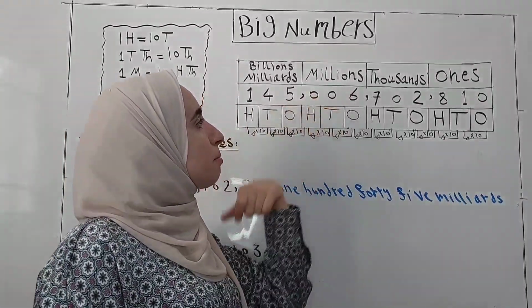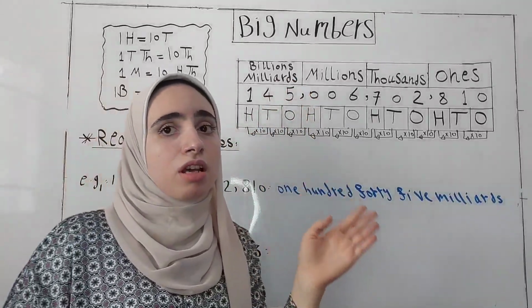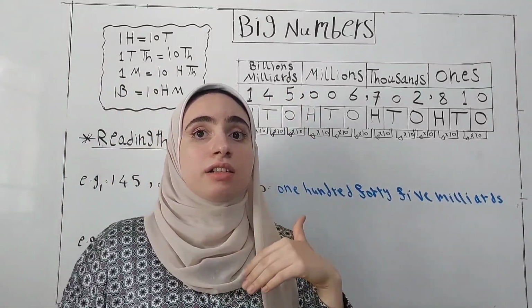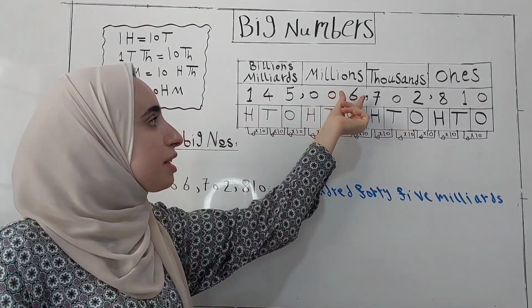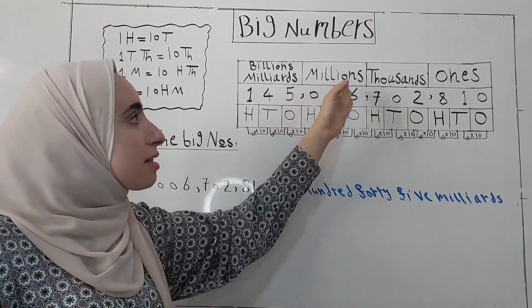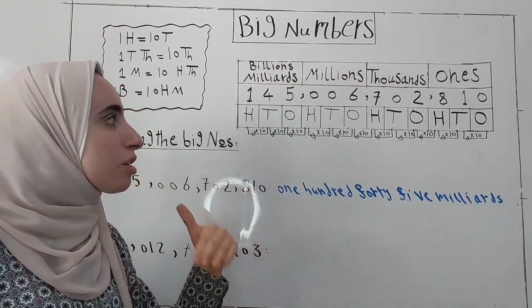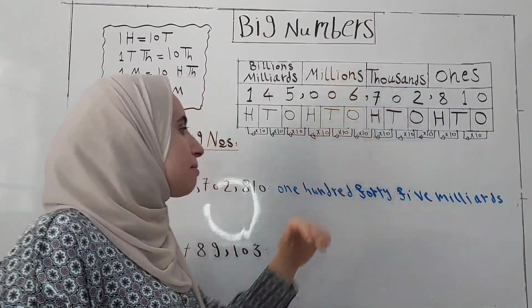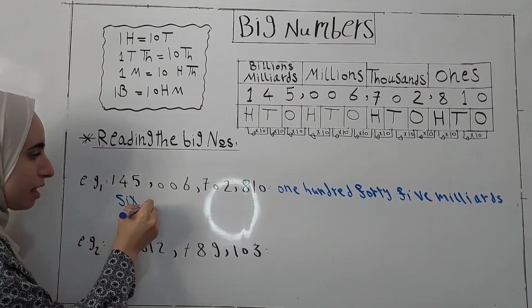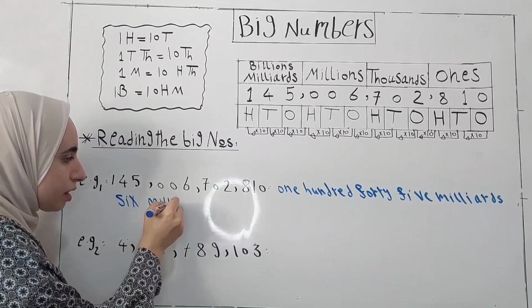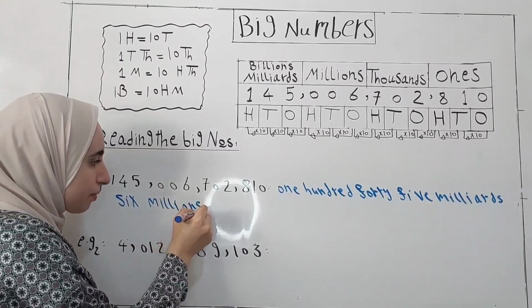We have 2 zeros on the left, and when we have 0 on the left, it has no value. So we read this number 6. Its name is millions. So we read it like that: 6 millions.